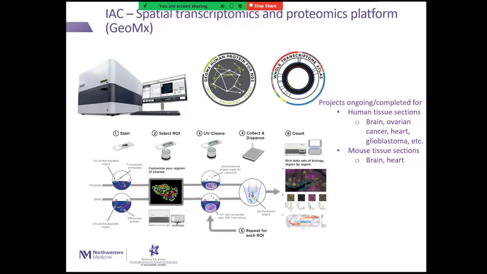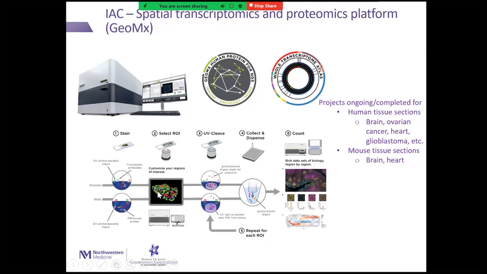Once you have your staining done, you go into the machine, you load your slide, then you can select the region of interest, depending upon whether your pathologist suggested an interesting area, or when you image your slide, you see some interesting area, immune activity going on, depending upon how you want to select. They have a range of selection options there.